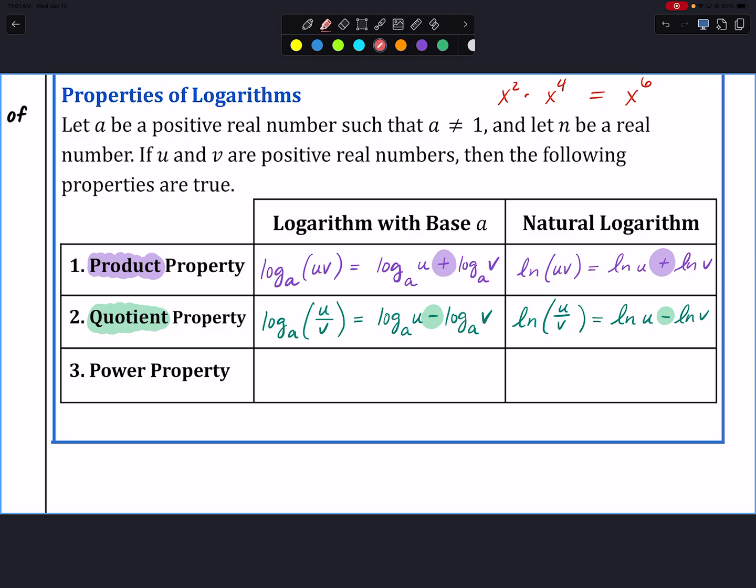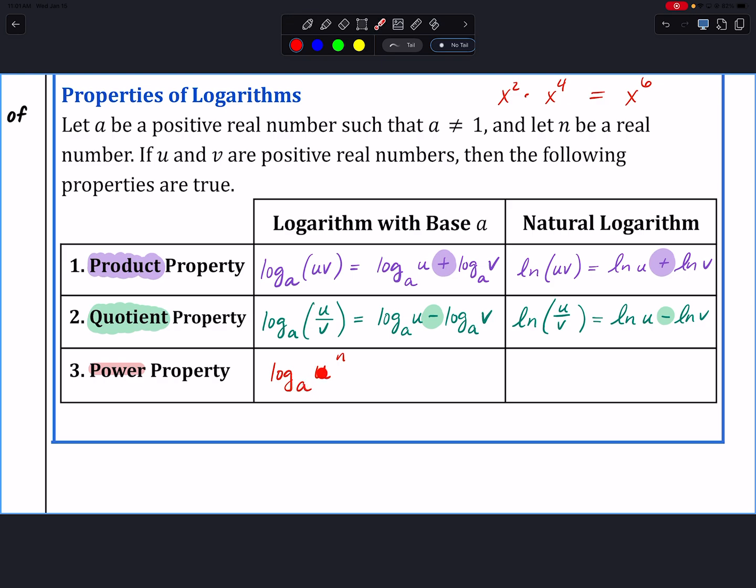Okay. Power, this one's weird. This one's a little bit different than what you'd expect. If I give you guys log base A of some number u to the nth power, this is going to be a common theme for the rest of the chapter. This is a base, right?